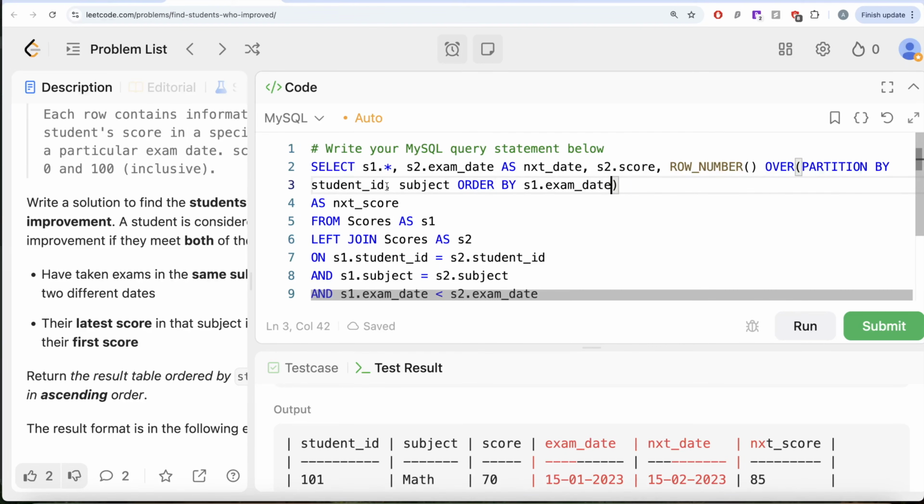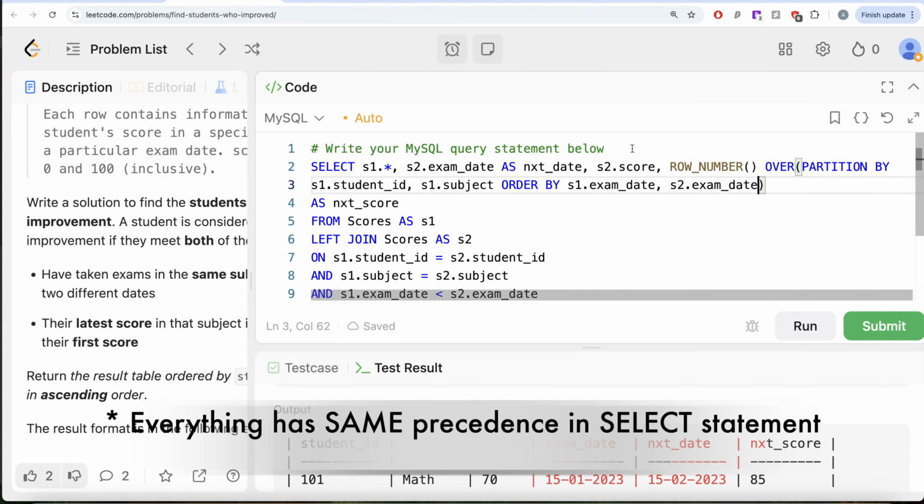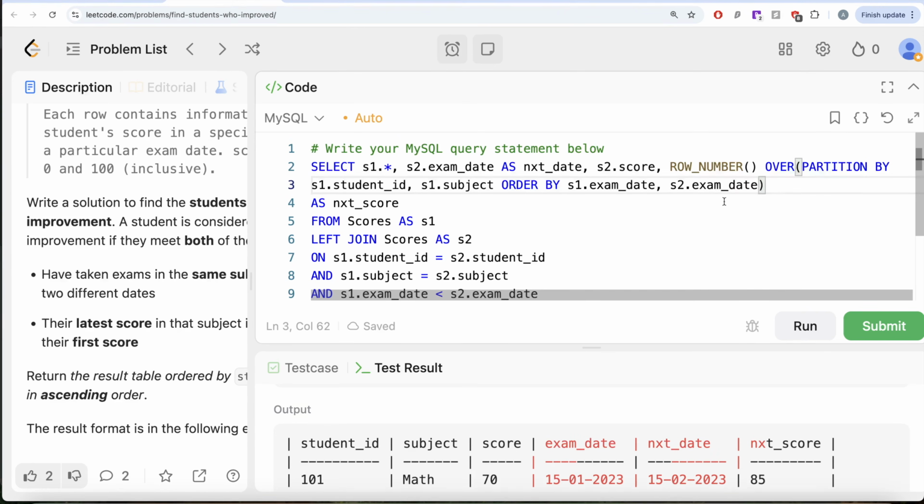And these columns are coming from s1 as well, so let me make it clear: s1.subject, s1.student ID, right? s1.exam date in ascending order, and then s2.exam date. Now you might be thinking, why don't we have next date? Because everything has the same precedence, so you need to have that in mind, right? So s2.exam date in descending order, and then let us alias this as rank. Now let me go ahead and run this.